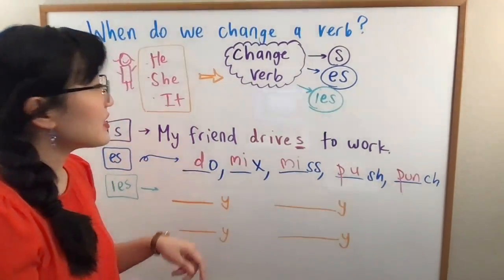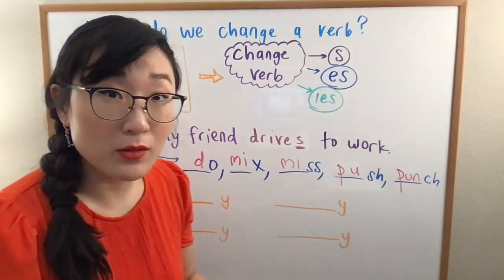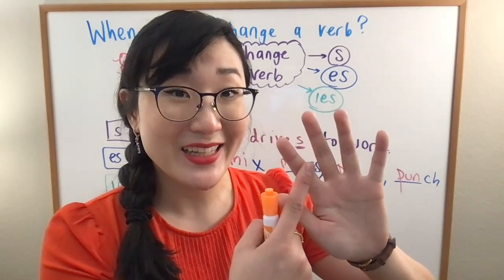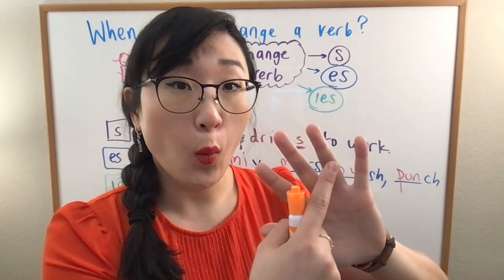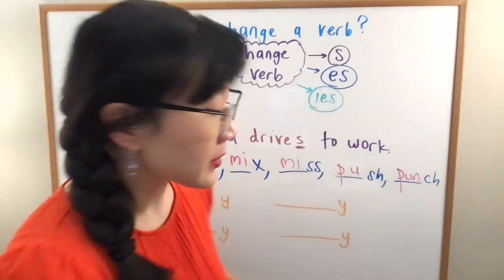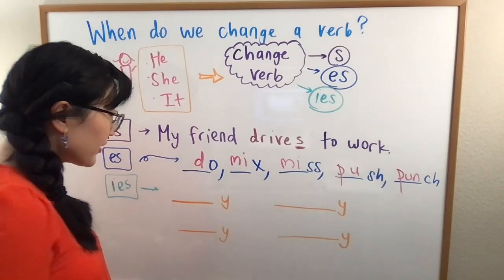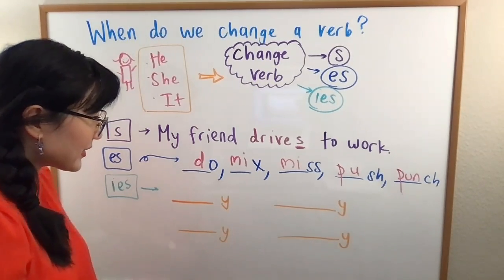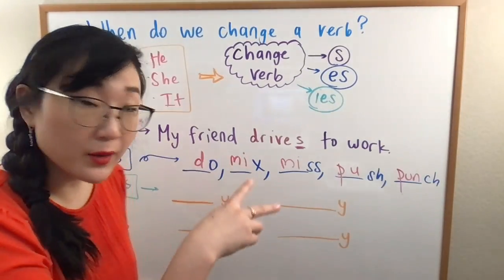I, E. These are all examples of vowels. So our 5 vowels are A, E, I, O, and U. 5 vowels, okay?